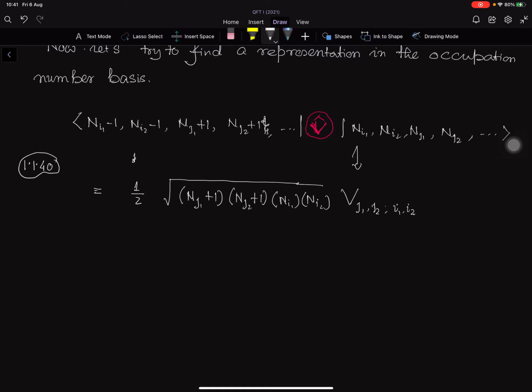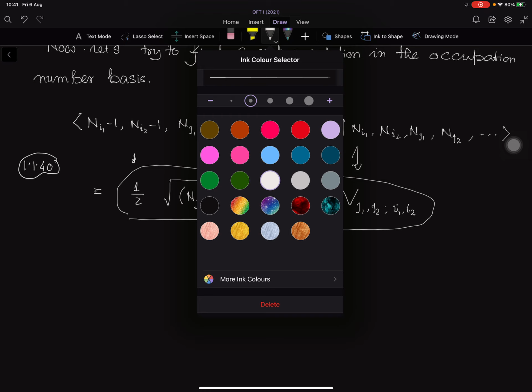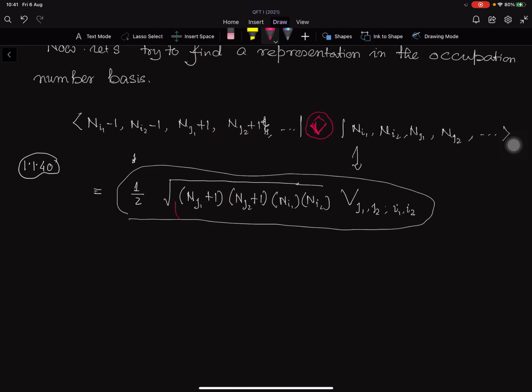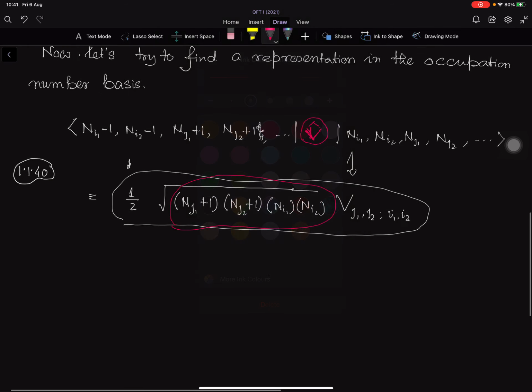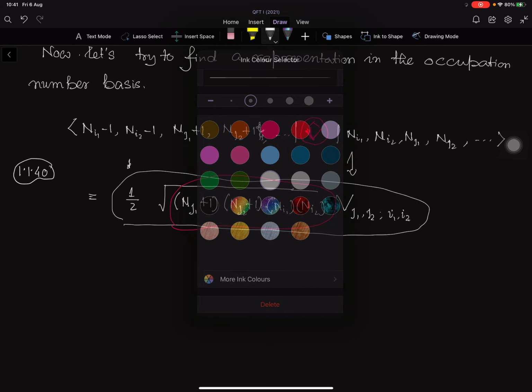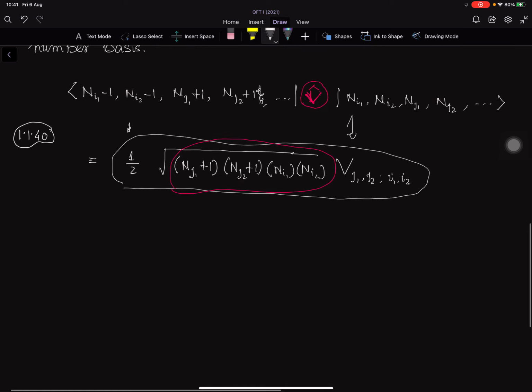But again, you see this form is very instructive. It has precisely these bosonic enhancement factors. And the bottom line is that we can write this operator in the multi-particle Hilbert space in the following way. Again, we did the same thing. We fixed I1, I2, J1, J2.